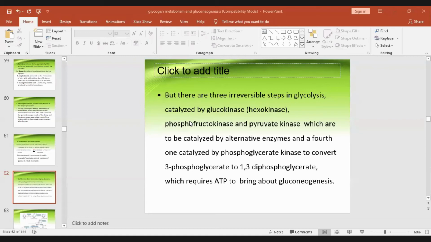Apart from that, glutamate is formed from glutamine, and histidine, proline, and arginine all form glutamate, which on transamination forms alpha-ketoglutarate, an intermediate of the TCA cycle. Succinyl-CoA is formed from isoleucine, methionine, and valine. Fumarate is formed from phenylalanine and tyrosine, whereas aspartate on transamination forms oxaloacetate. So these are the intermediates of the TCA cycle.